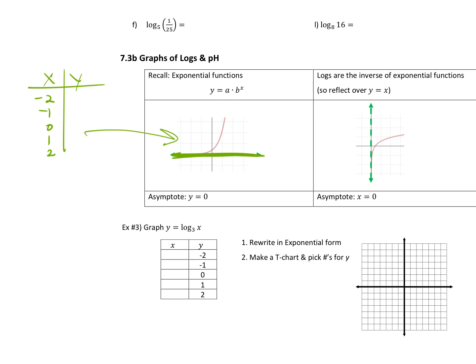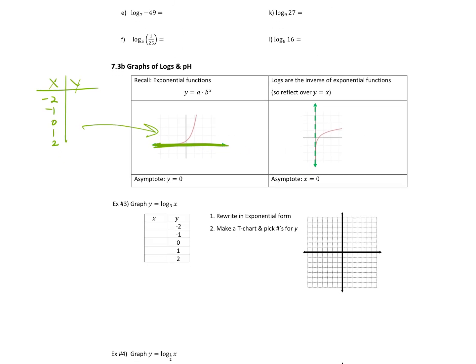Today, we're going to be graphing logs. And what did we say logs are compared to exponentials? They're inverses, the opposite, if you will. They are inverses, okay? So if we are doing inverses, we're going to reflect our original exponential graph over the line y equals x.